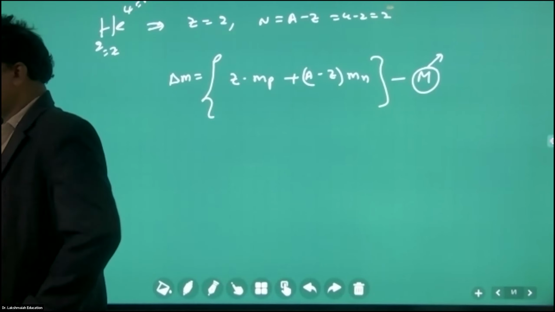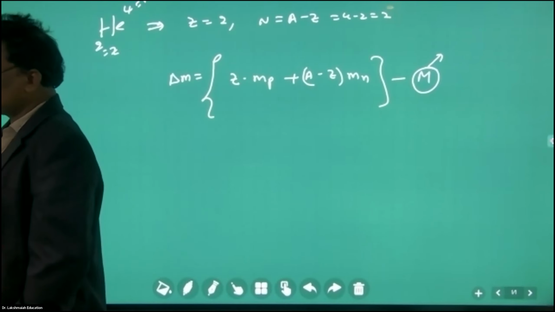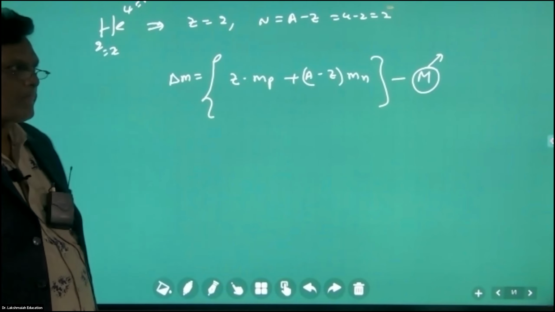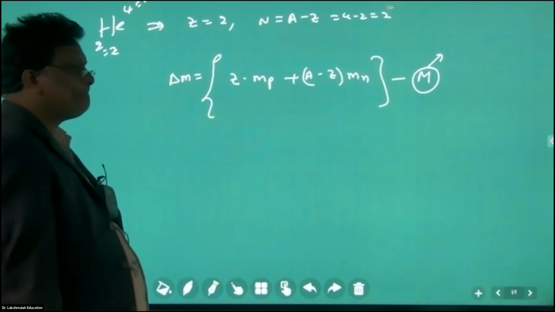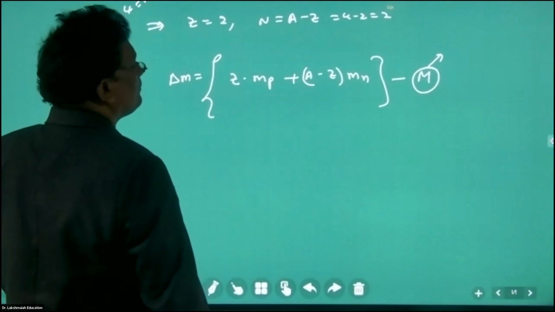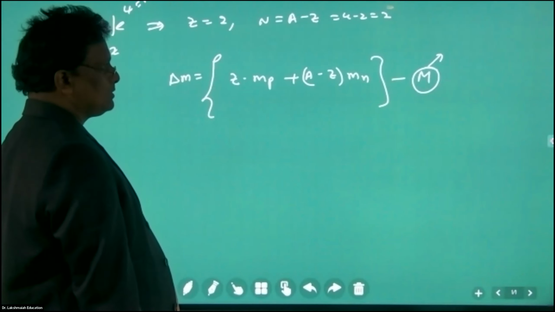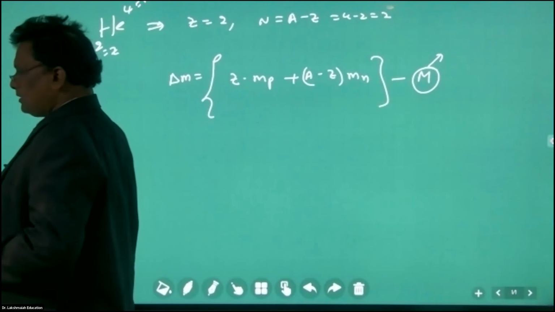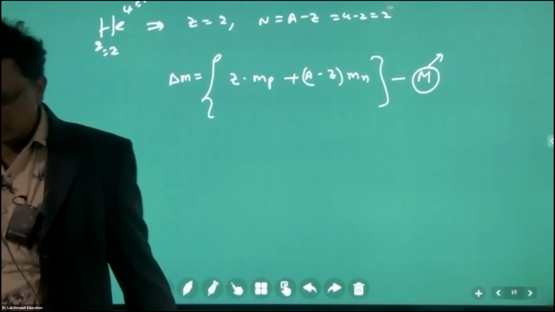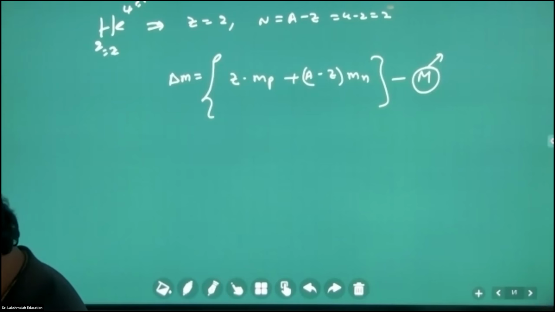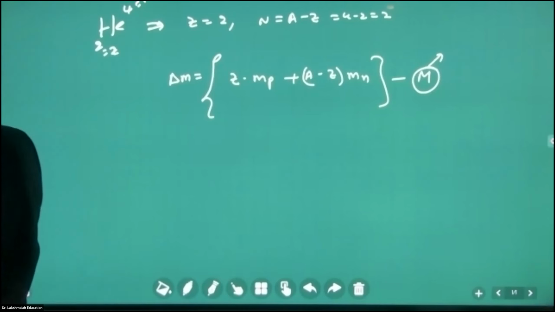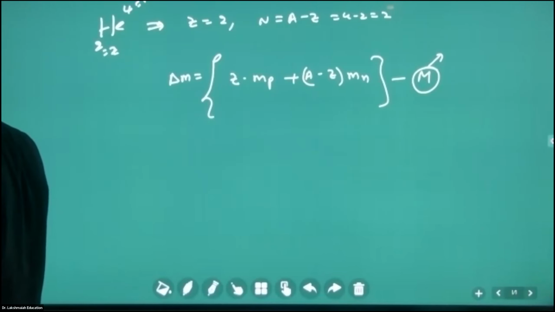Pawan? How to find the effective mass of the helium? You don't know how to find.